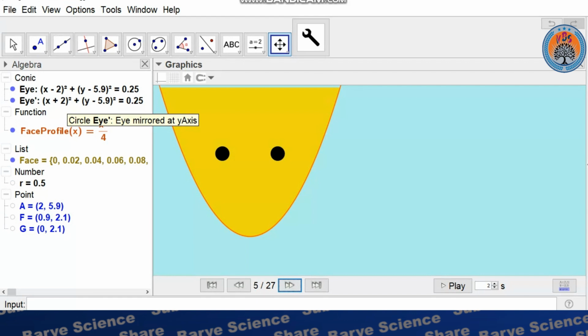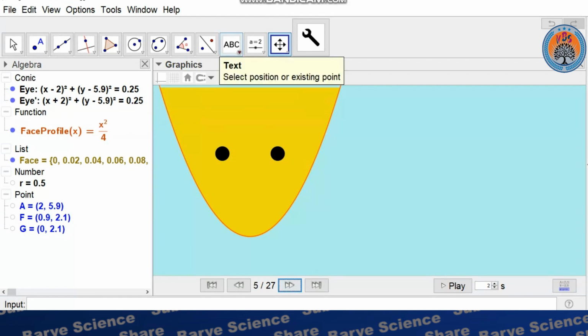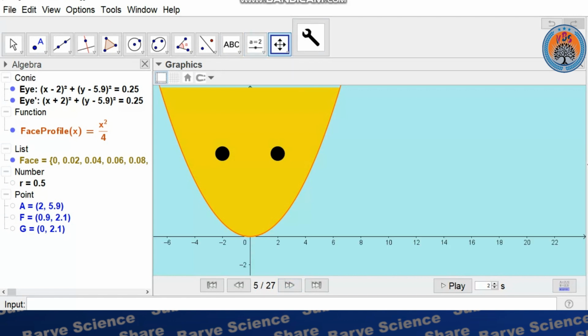So these are symmetrical about the y-axis. Now I can show the axis also to you. See, so here you can have the axis. So this is the y-axis. Okay, so symmetrical about that.